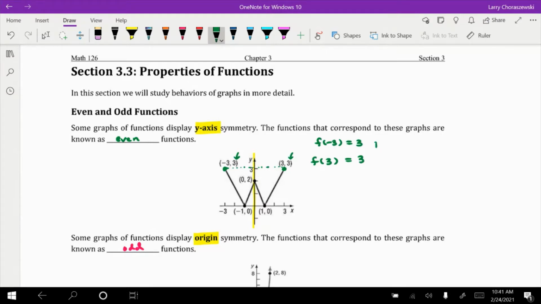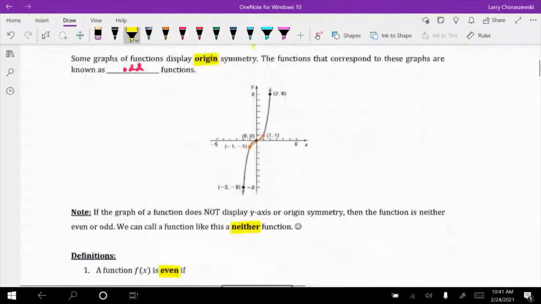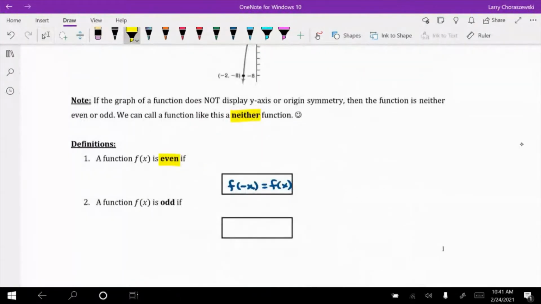So since 3 is equal to 3, this shows that f of -3 is equal to f of 3. And so we get the same output when the inputs are opposites of each other. That's exactly how we define an even function: f of negative x is equal to f of x.